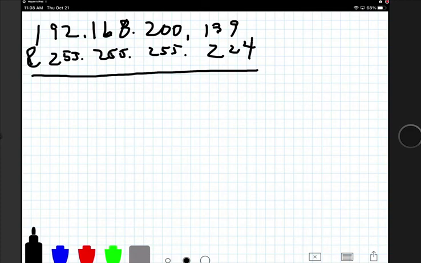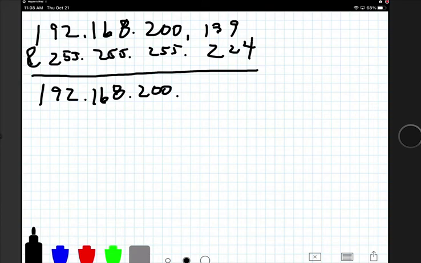That is, 0 and 1 is 0. 1 and 1 is 1. So we get back whatever we had originally. So in this case, for the 192 ANDed with 255, we would get 192 back. So we don't really have to do anything other than bring down those first 3 octets.